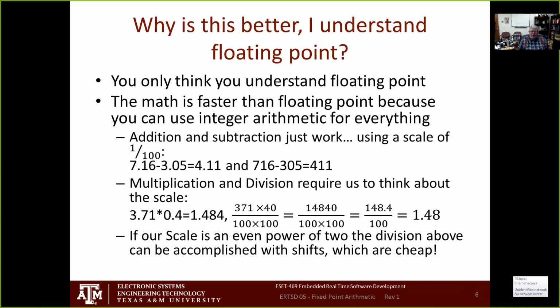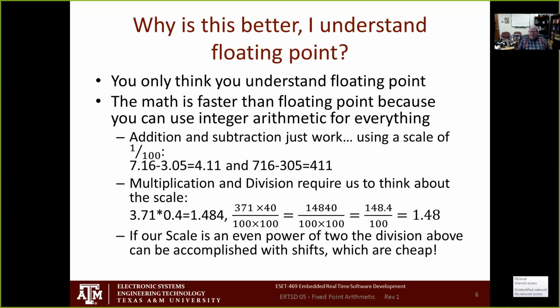The computer has no concept of what 7.16 means. The fact is that somebody has written a program that takes the characters 7.16 and magically converts that into a binary format that the computer can deal with.